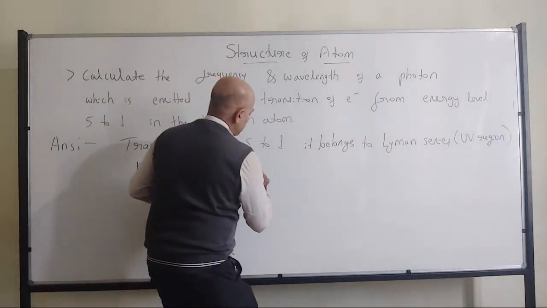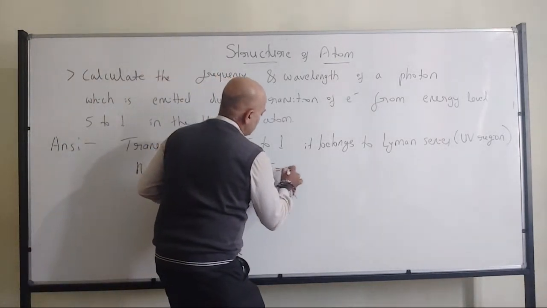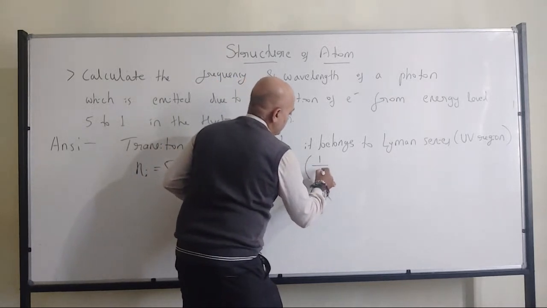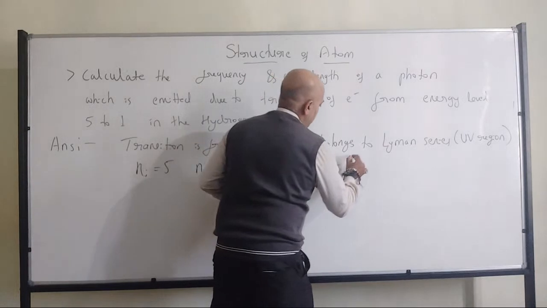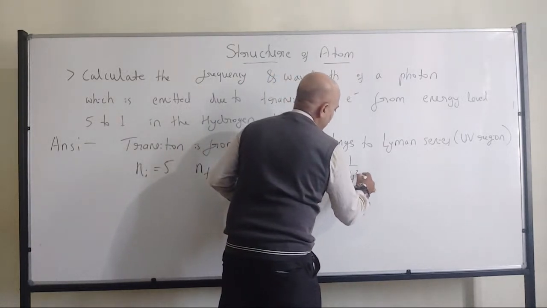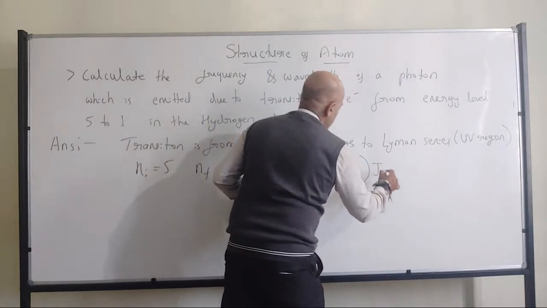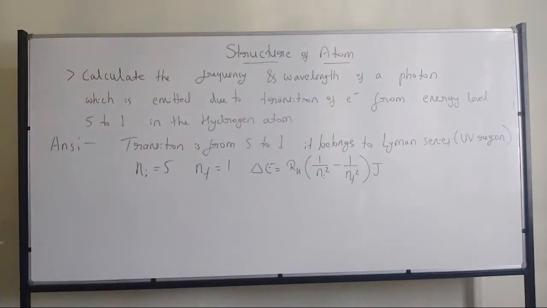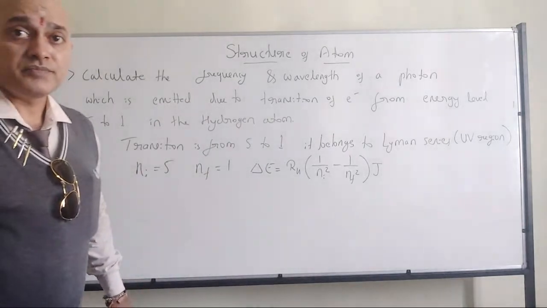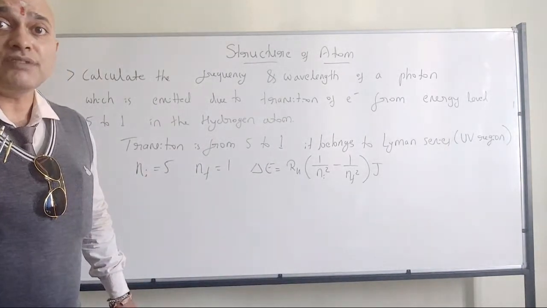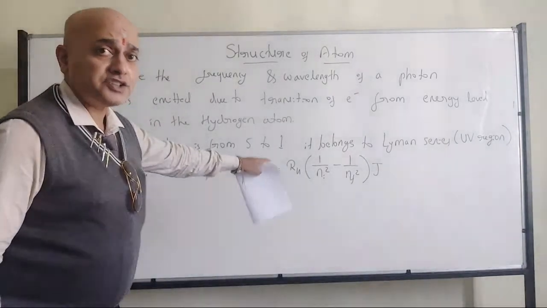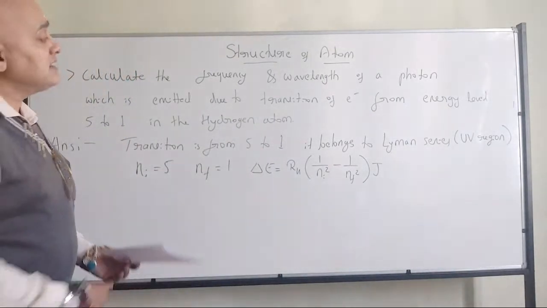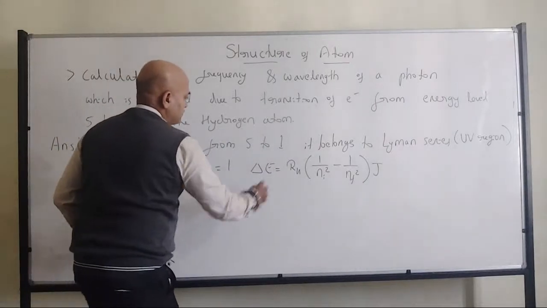That means delta E is equal to RH multiplied by 1 by Ni square minus 1 by Nf square joule. Right? So this is the equation. You have to write the equation, not directly substitute the values. First, a general equation has to be there because it will fetch the marks. Okay? Then you should substitute these values into that.